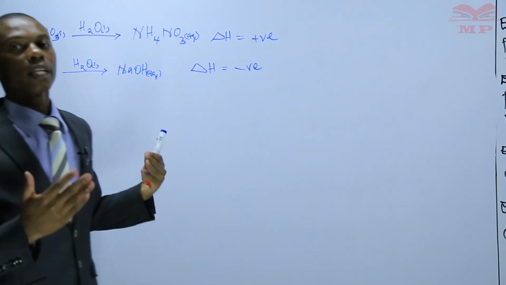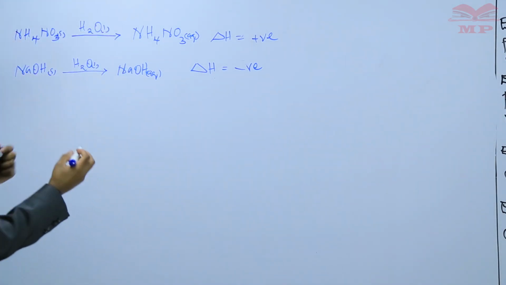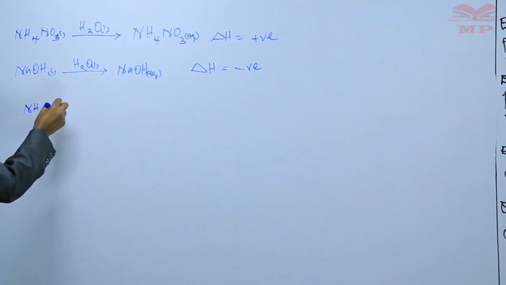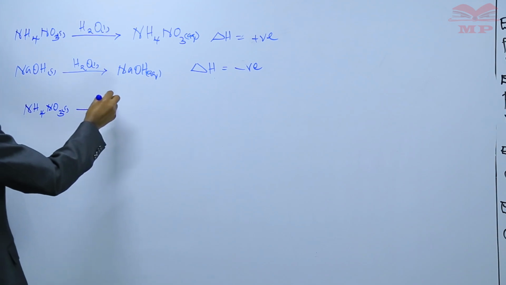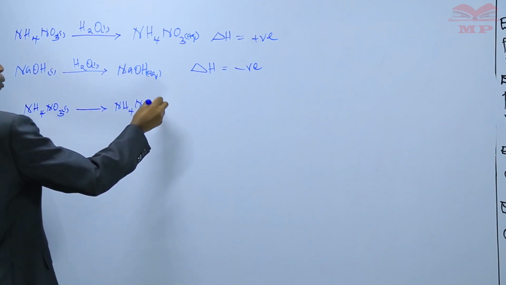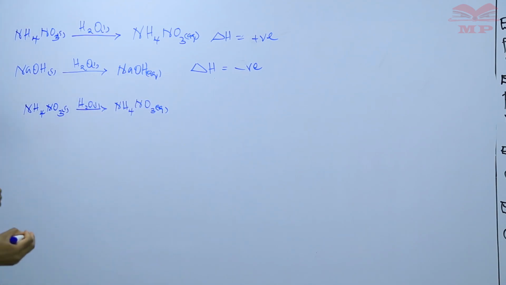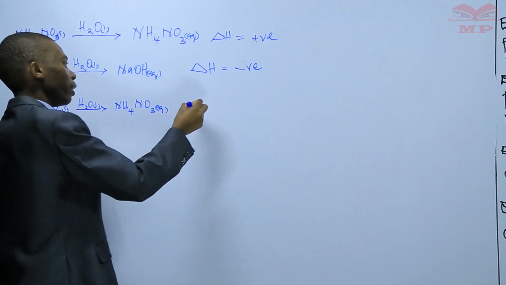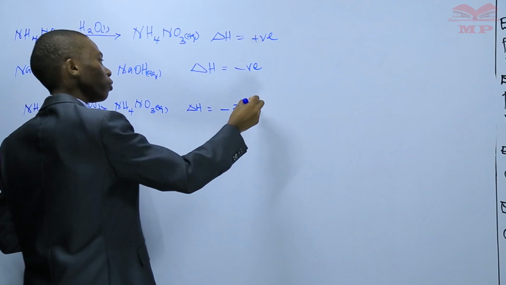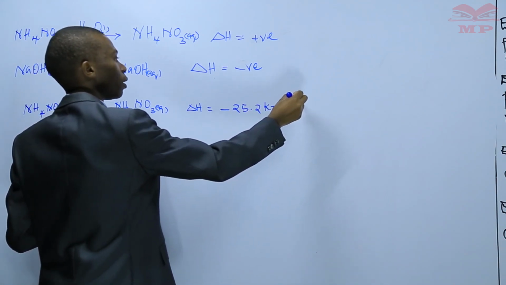Now maybe to include the enthalpy changes, then this one will be the ammonium nitrate. If you dissolve ammonium nitrate in water, then the enthalpy change will be positive 25.2 kilojoules per mole.